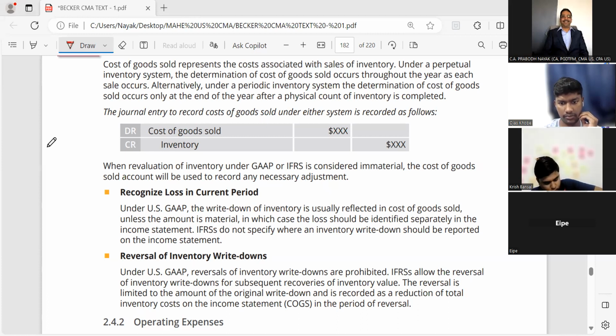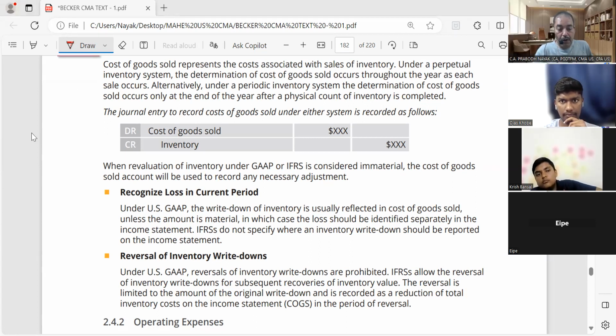IFRS does not specify where an inventory write-down should be reported on the income statement. That means there is no particular rule as per IFRS that you have to record it under operating or non-operating income. It can be recorded anywhere, either in the operating section or in the non-operating section. But this is important: IFRS versus US GAAP, if they ask you, then this becomes a point.